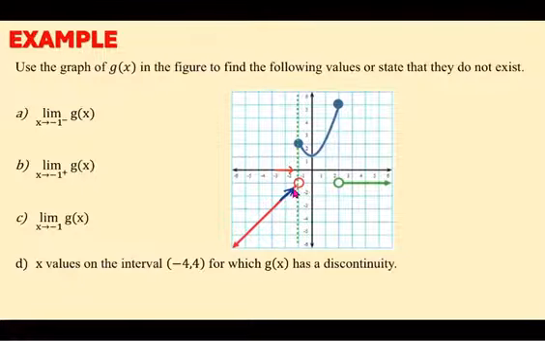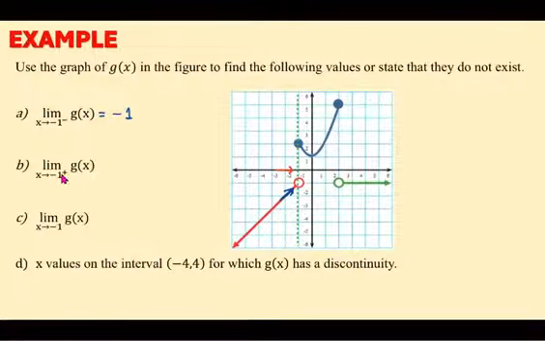So as x approaches -1, the function approaches closer and closer to that hole, and the corresponding value for that is -1. So we can say that the left-hand limit is -1.